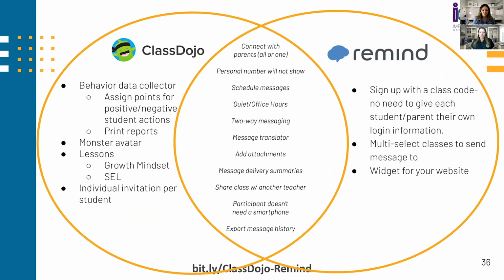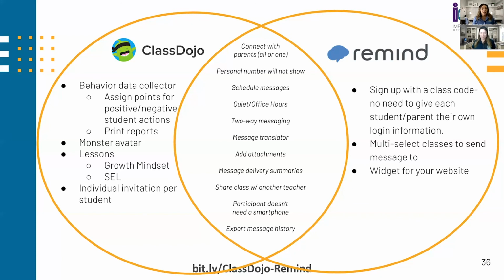Also, you can multi-select classes to send messages to, which is nice for those of us, especially in secondary, where we might have multiple periods of algebra, and we want to send a message to all of our algebra classes. You can do that and not have to go through individually. Priscilla, would you like to talk about what makes Class Dojo unique?